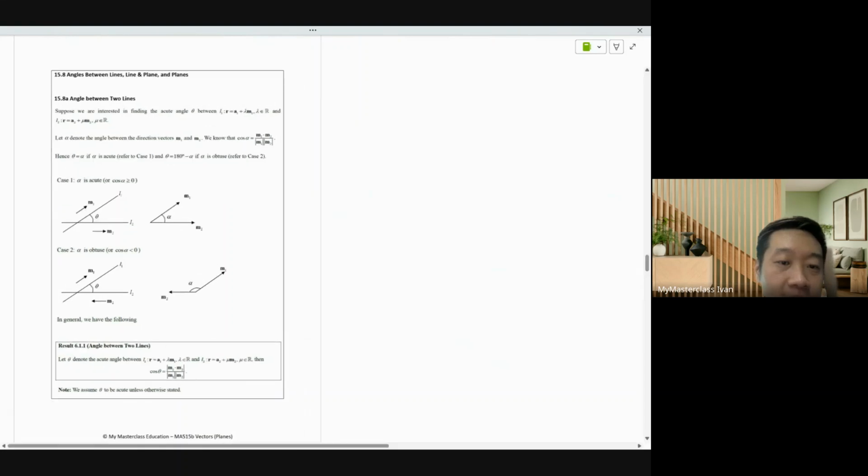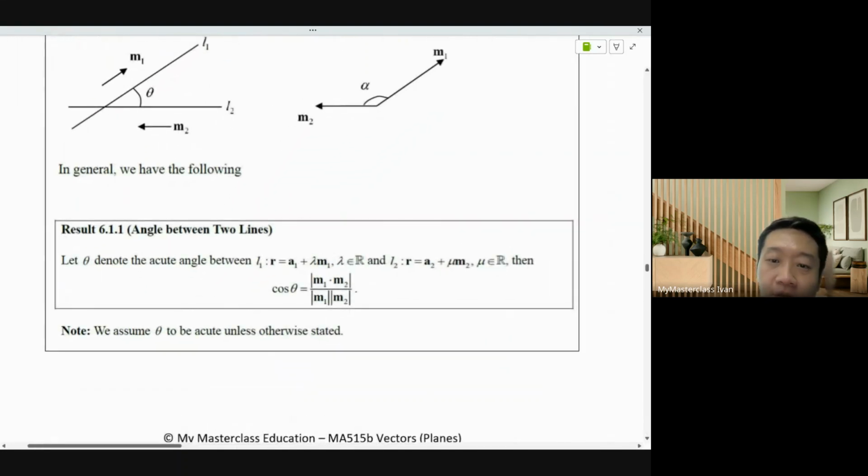Okay, this is a recap. Angle between two lines. Remember, what is the definition of cosine theta? A dot B is equal to magnitude of A, magnitude of B, cosine theta, right?